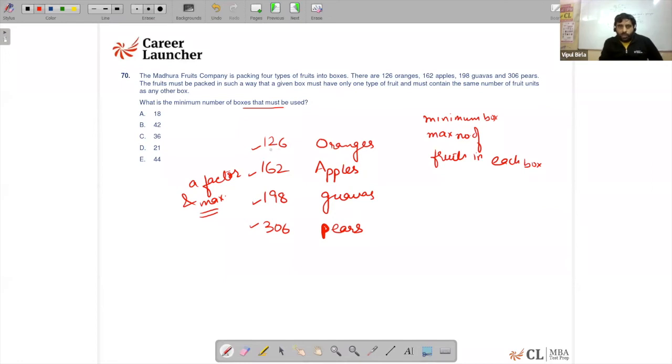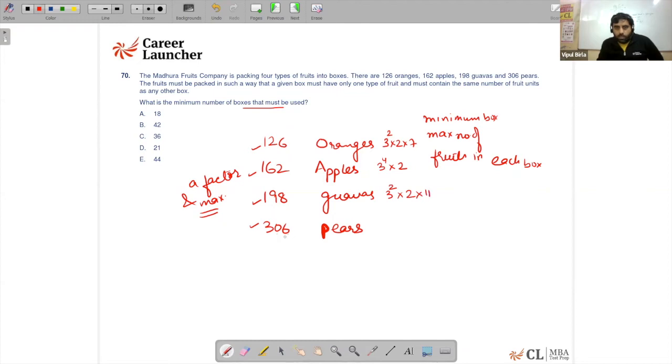Right. So if I take the HCF of all these 4 numbers, if you break it, 126 is 3 square into 2 into 7. 162 is 3 to the power 4 into 2. 198 is 3 square into 2 into 11.